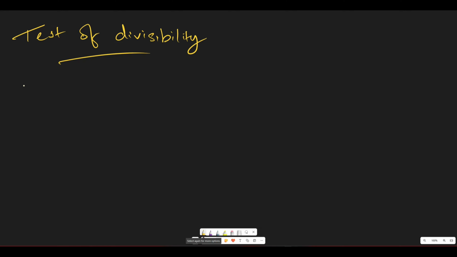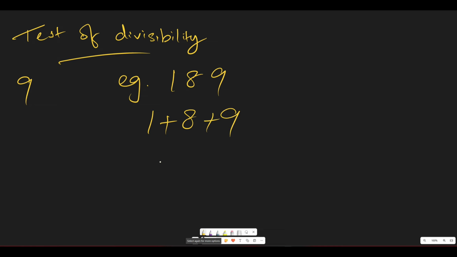Then divisibility by 9. If we take a number and add all the digits, and the sum is divisible by 9, that means the number will be divisible by 9. For example, 189. If we take the sum, 1 plus 8 plus 9, that will be 18.